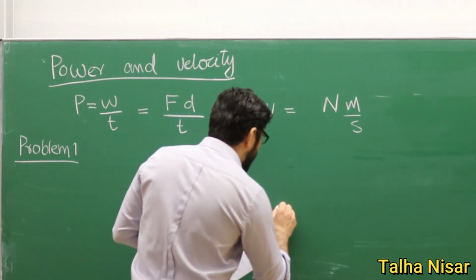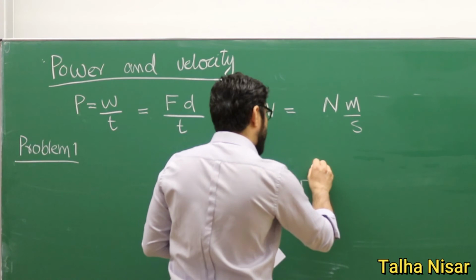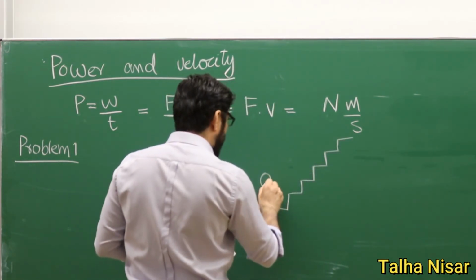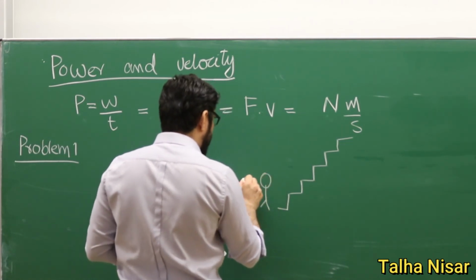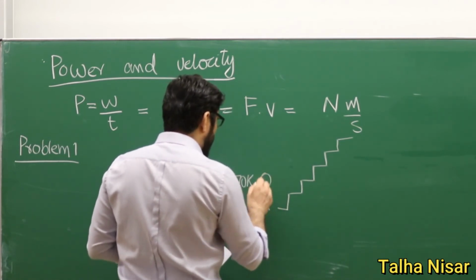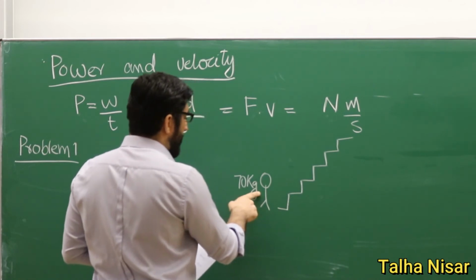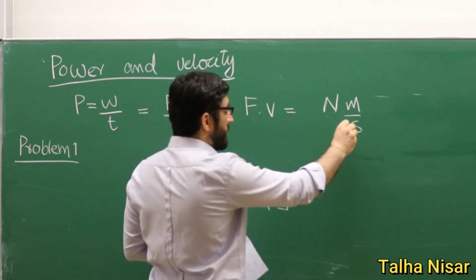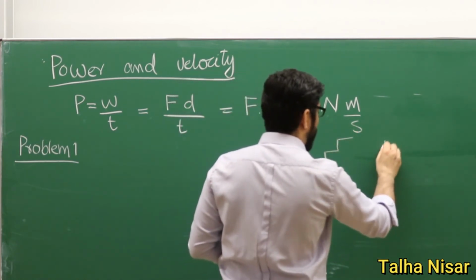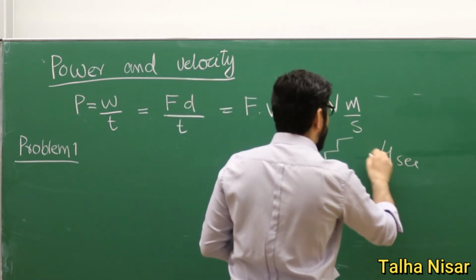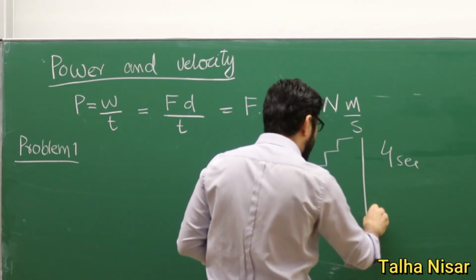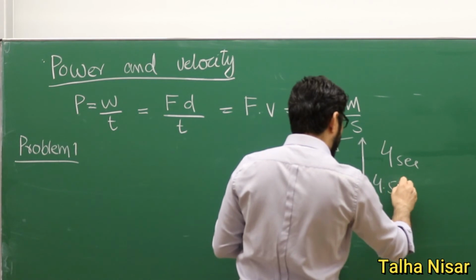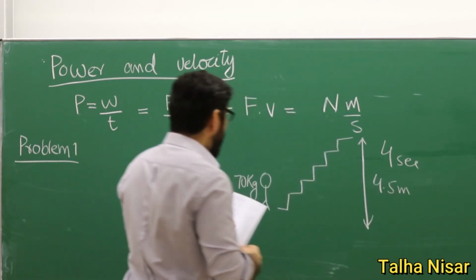So the problem is that we have some stairs and a person with a mass of 70 kgs, who runs up the stairs in 4 seconds, and the vertical height is 4.5 meters.